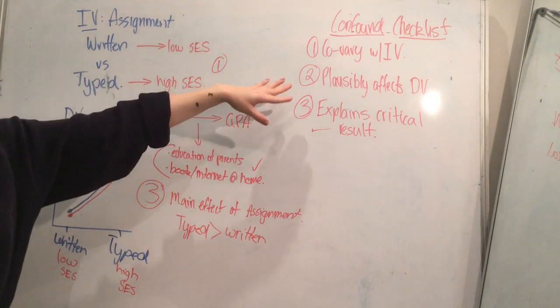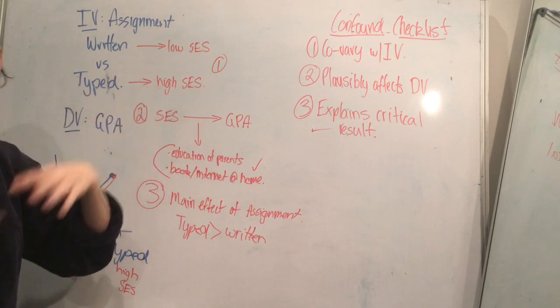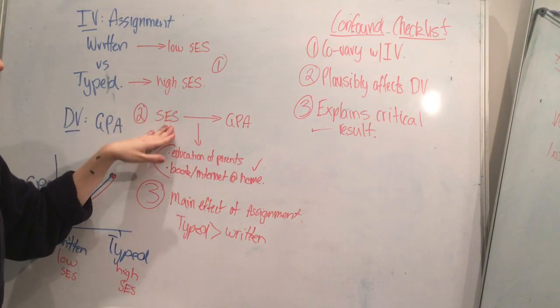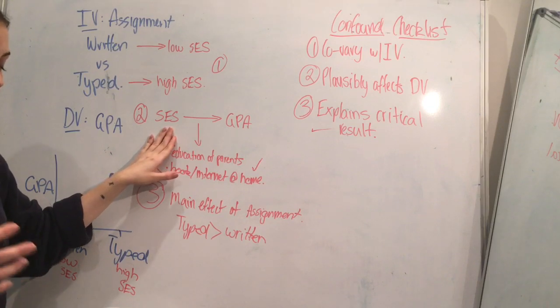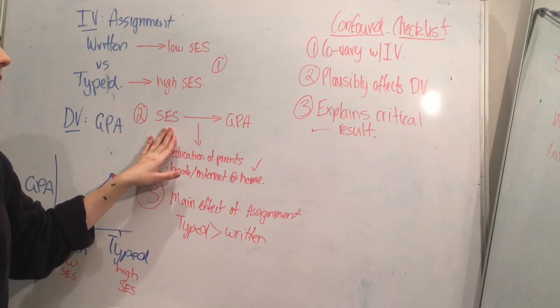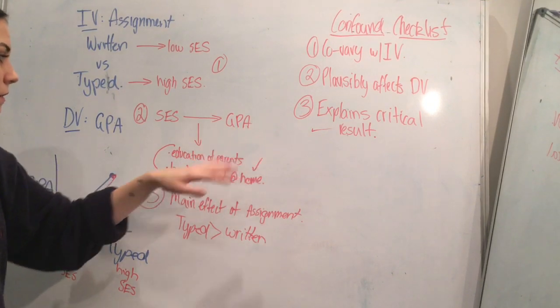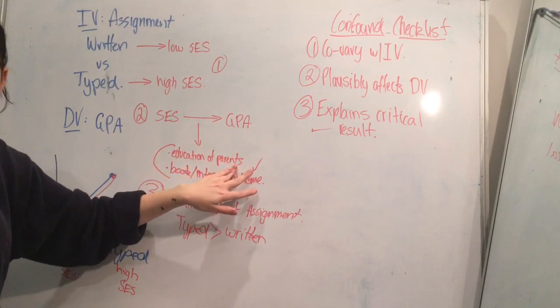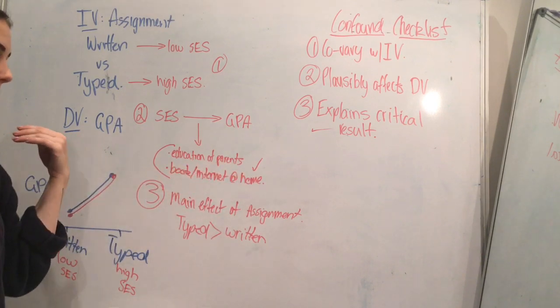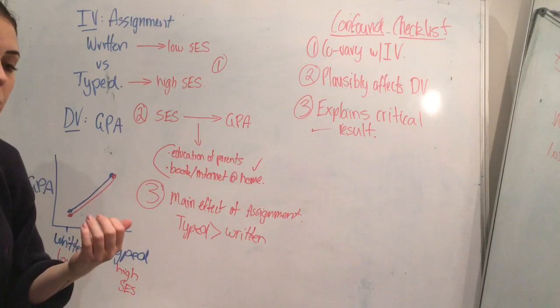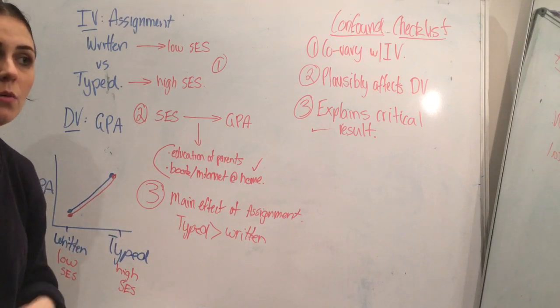Step 2, plausibly affects DV. So how does this potentially impact your study? SES, or socioeconomic status, could have an impact on grade point average via the fact that their parents might be more educated, so there's more encouragement on education, or more pressure, or you can ask your parents for help with homework.